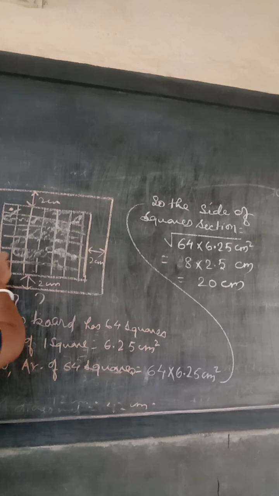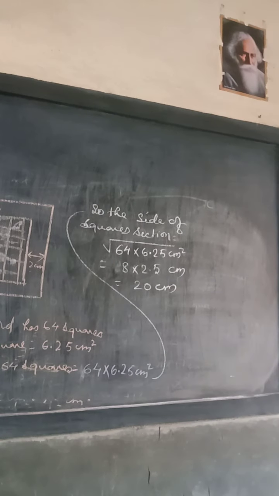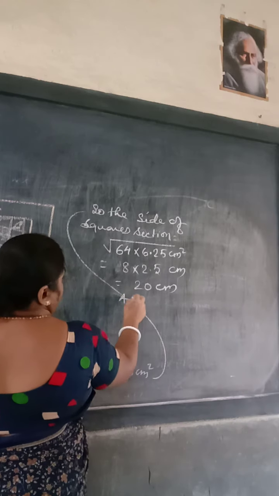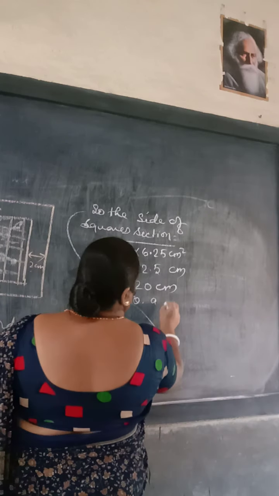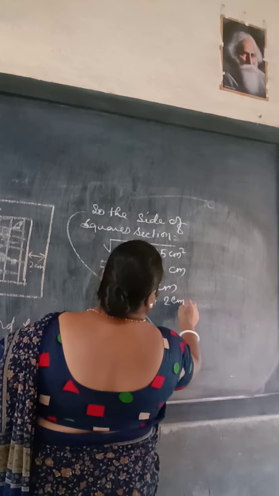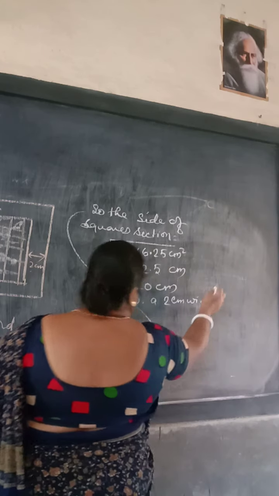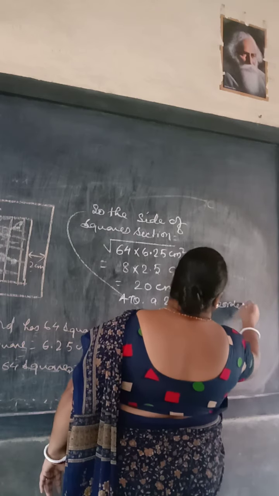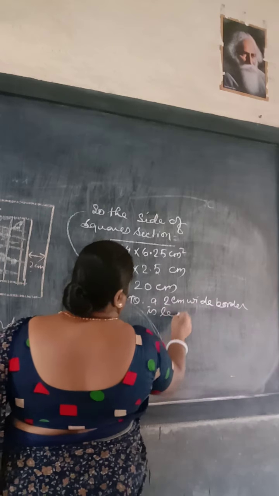Now 2 centimeter this side, 2 centimeter this side. So what will be the side of full chessboard? According to the question, 2 centimeter wide border is left all around.